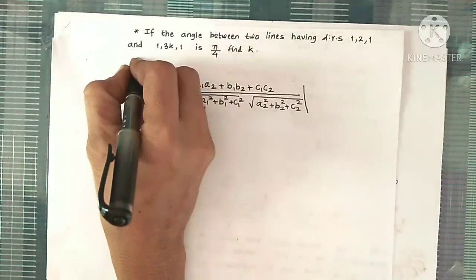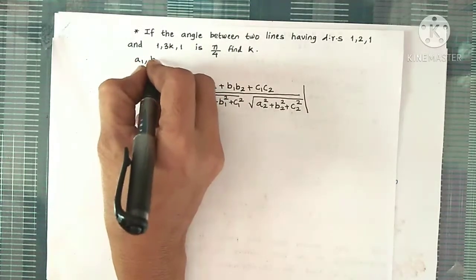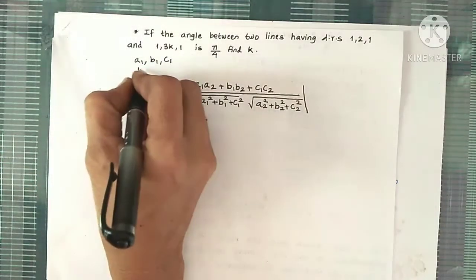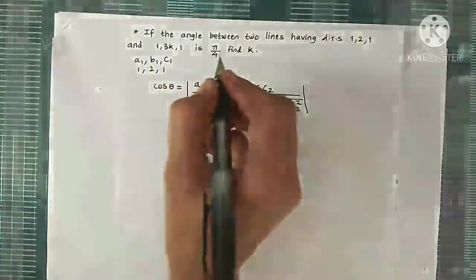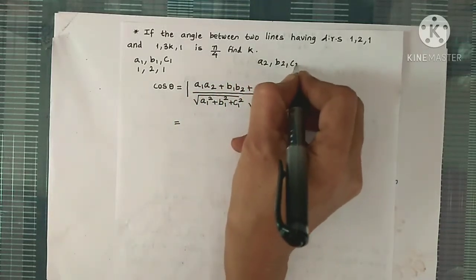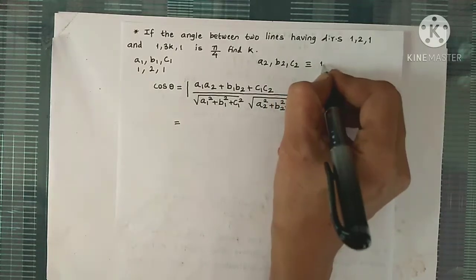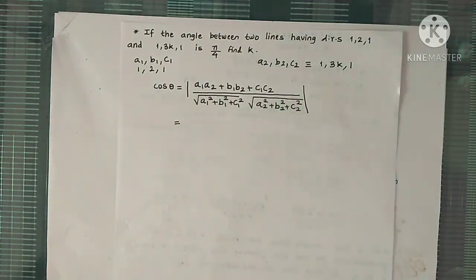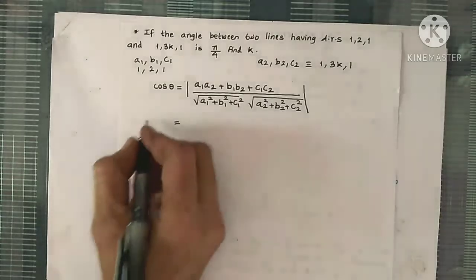Here the direction ratios of the first line, a1, b1, c1, are 1, 2, 1, and of the second line, a2, b2, c2, are 1, 3k, 1. So let's substitute these values here.